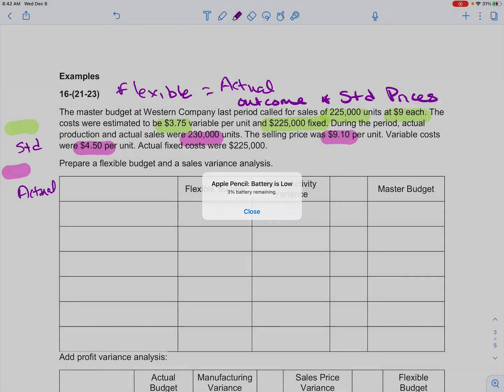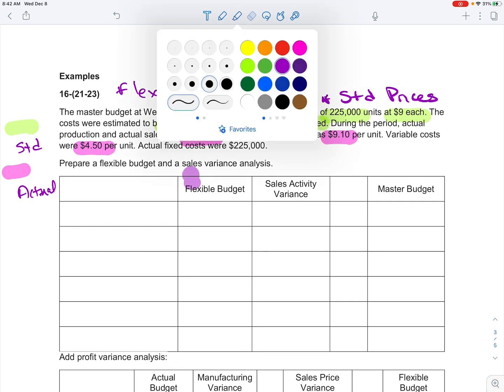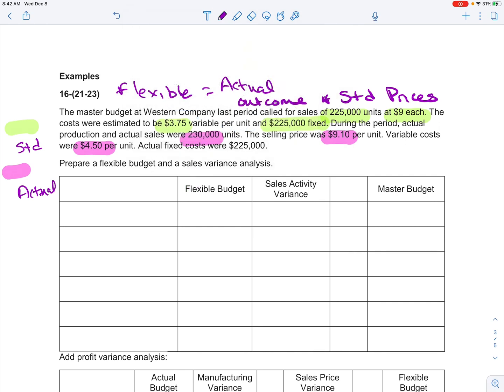So the first thing we want to do is look at that sales activity and build the flexible budget in, build that master budget in. And since we're combining sales, we're building this flexible budget based on actual activity.